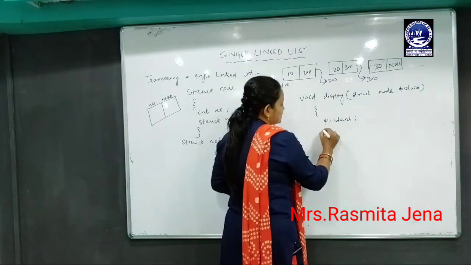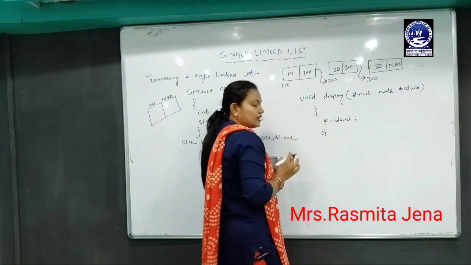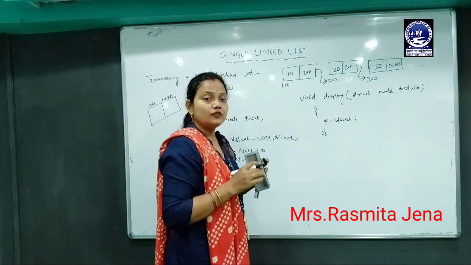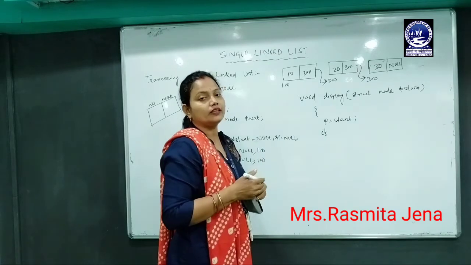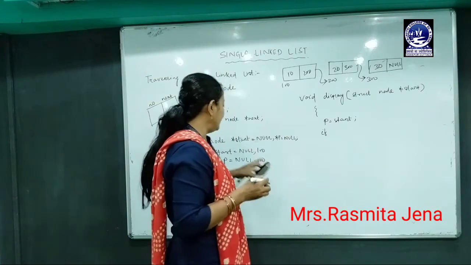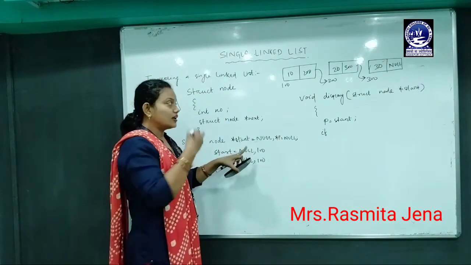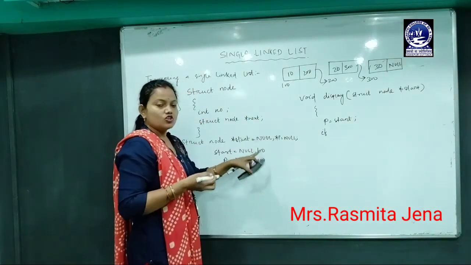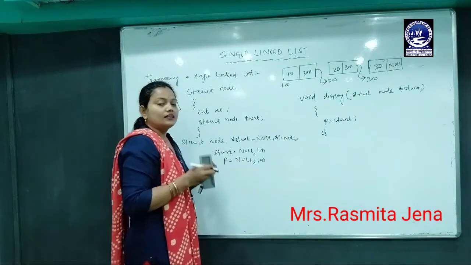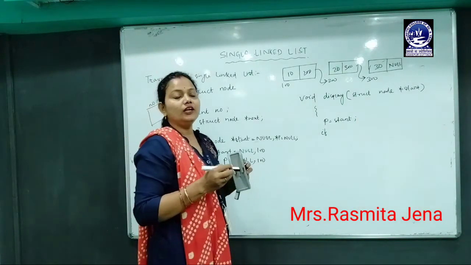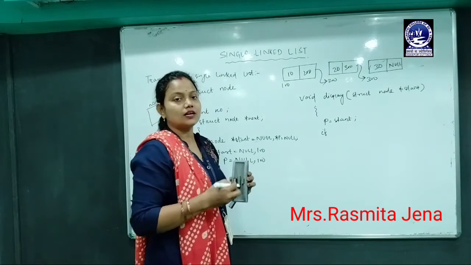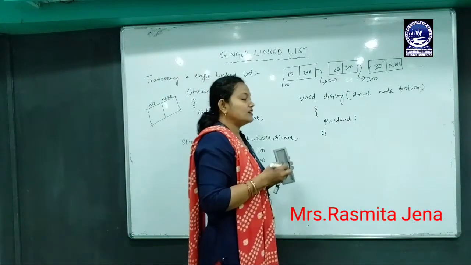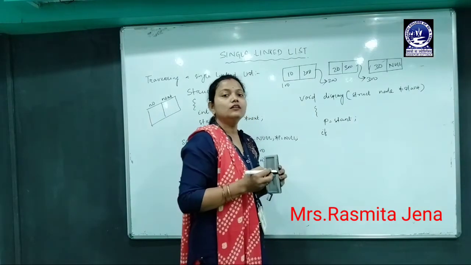First we will check whether the list contains any node or the list is still empty. If we have not created any node in the list, then start contains a null value. As we already created this list, start became 100. Suppose we assume that the list doesn't contain any node. Then what will be the value of start? The value of start is null. So first we must check whether the list contains any node or not.